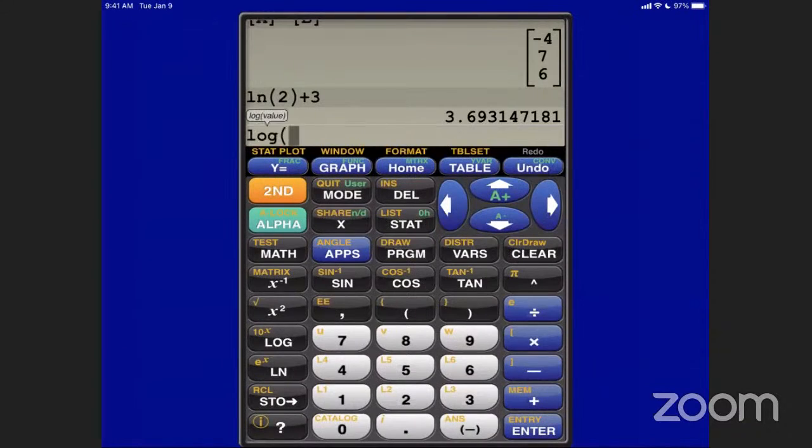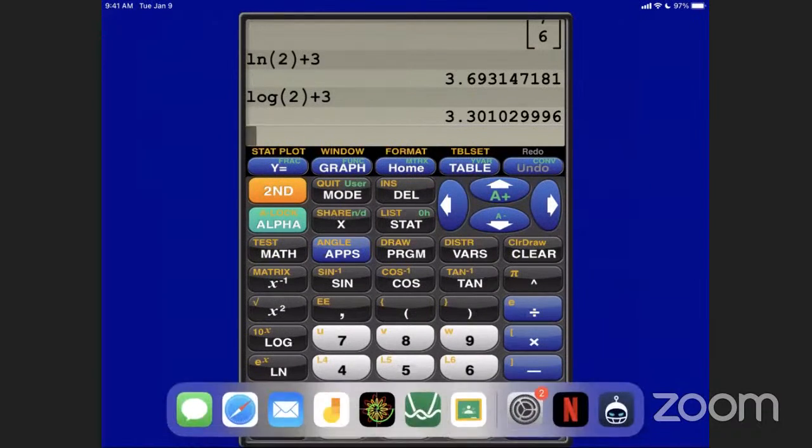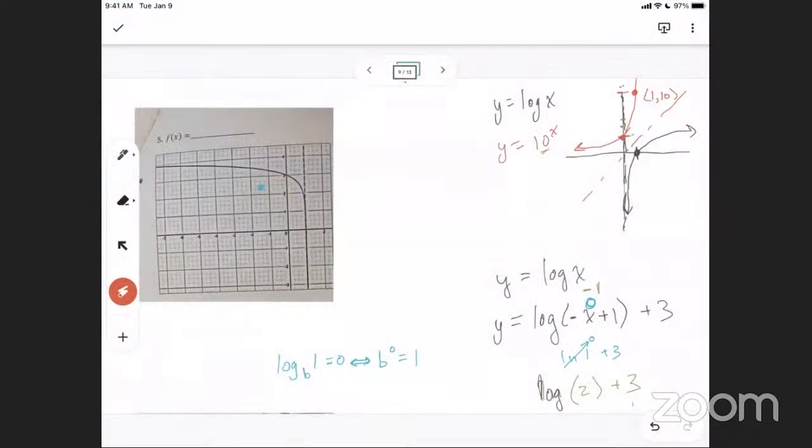So if I did the log of 2 plus 3, that's 3.3, which looks about right. That point looks like it's at (-1, 3.3). In other words, I just stretched out this graph a little bit, making the base bigger, base 10 instead of base e.